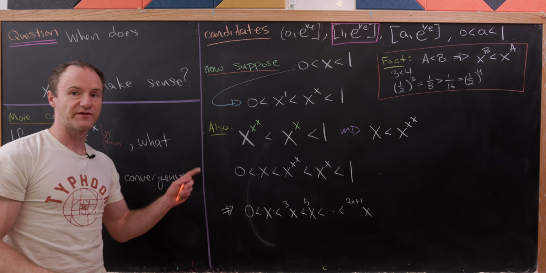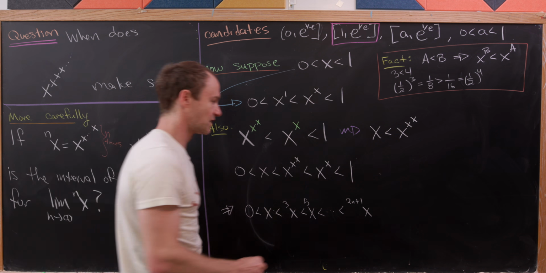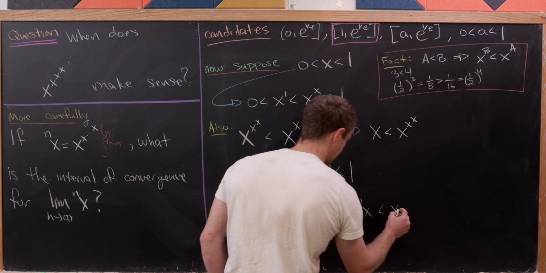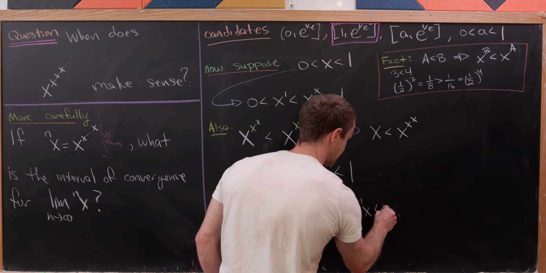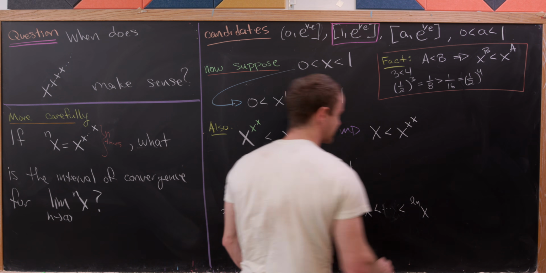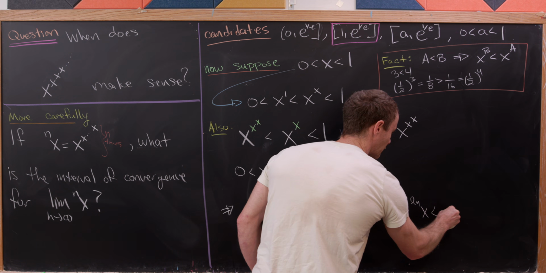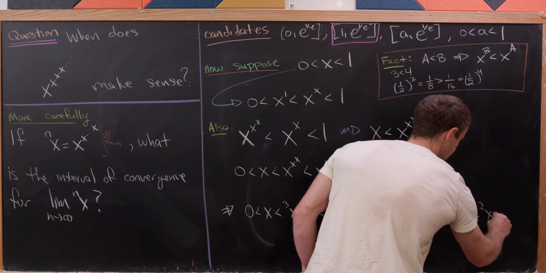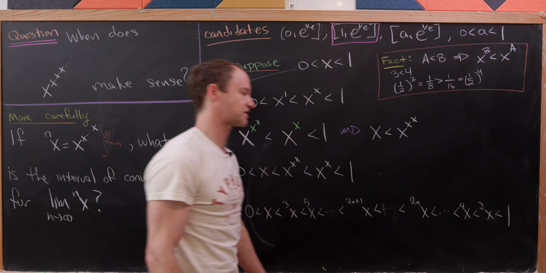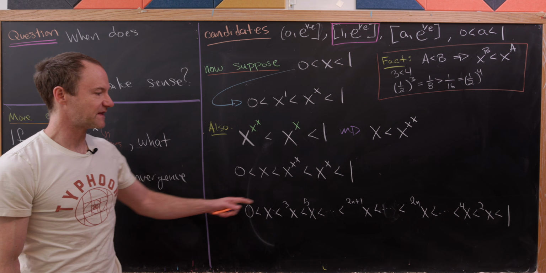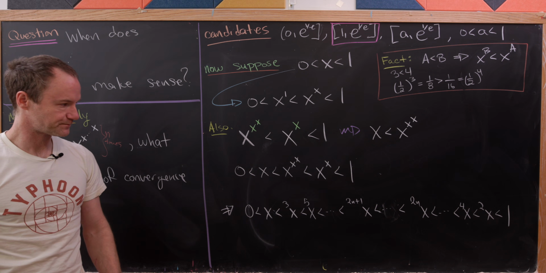But then all of the odd tetrations of x are going to be less than an arbitrary even tetration of x. And then we can work down from that, the 4th tetration, the 2nd tetration, and then the 0th tetration, which is just the number 1. So we've got this inequality right here.